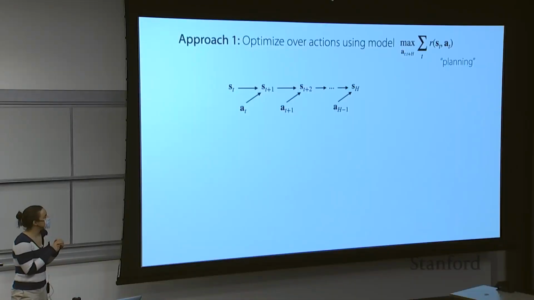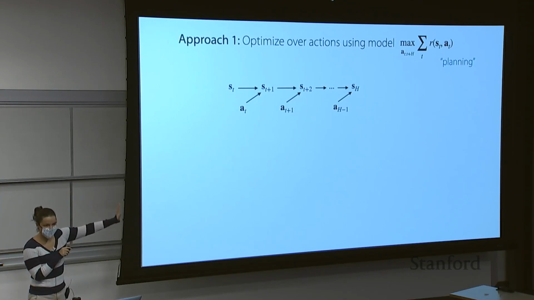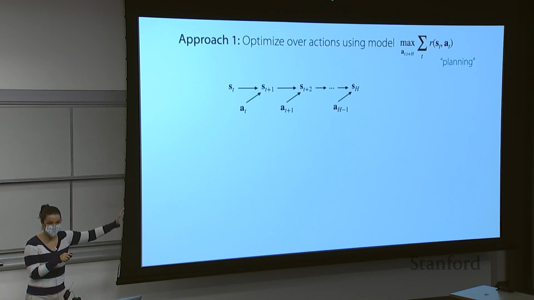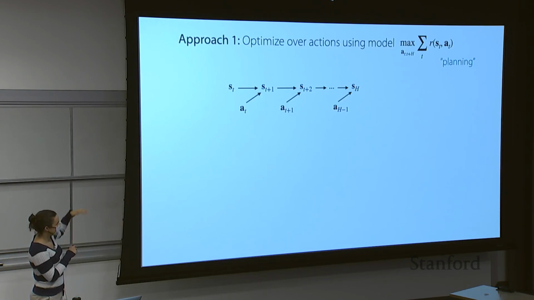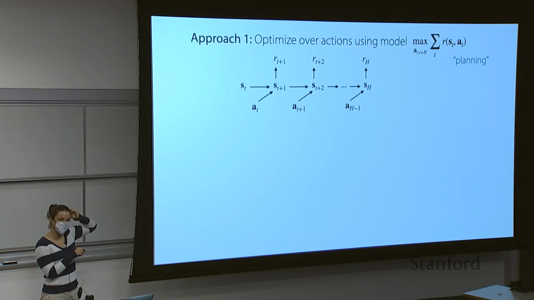Cool. So how do we actually go about optimizing this objective? So we have our model, and you can essentially roll out your model, applying it iteratively from your current state, given your actions, to predict what the future will look like in a computation graph like this. And then we can also measure the reward given the state and action at each time step.